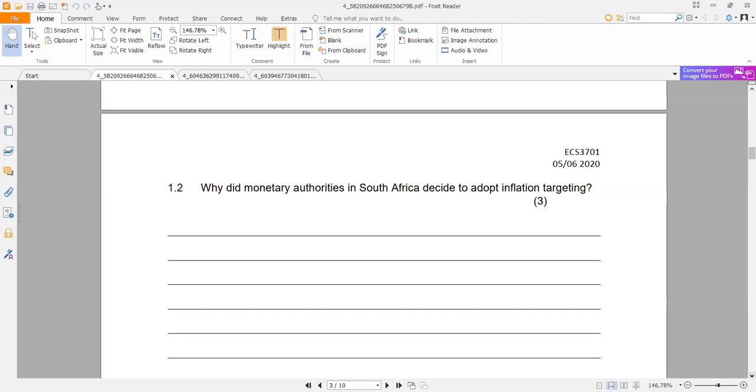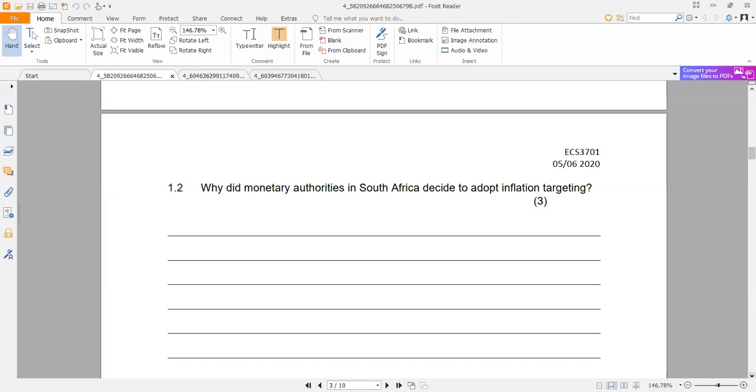The answer is quite simple. What was realized is that the money supply was not exogenously determined by the central bank, but rather endogenous, meaning that other private players played a very critical role in deciding the money supply within the economy. And that money supply affects price levels.